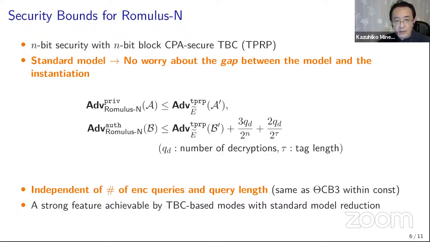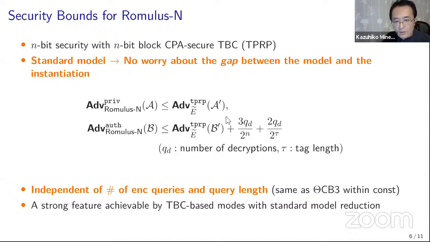This slide shows the security bound of Romulus-N. It shows the n-bit security with an n-bit block CPA secure tweakable block cipher, namely the tweakable pseudo-random permutation. And this proof is under the standard model, so we don't have to worry about the gap between the model and the instantiation.